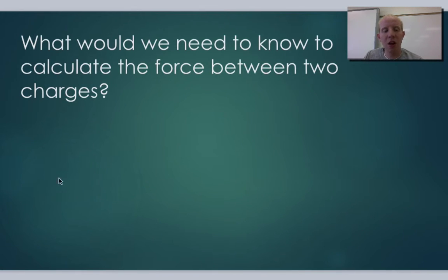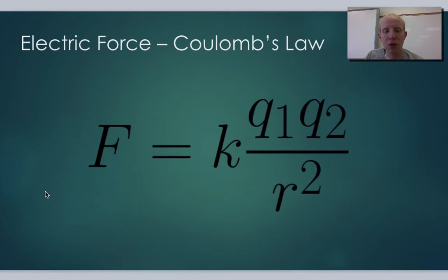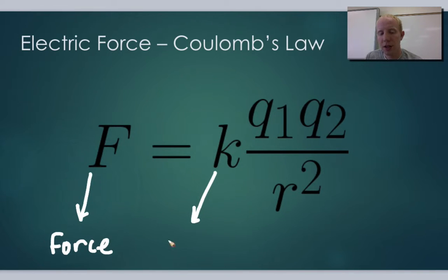When we consider all that, we get what is known as Coulomb's law, named after the guy that basically discovered this, and it looks very similar to the gravitational equation if you notice. It says the electric force, F, is equal to K, which is just a constant called Coulomb's constant, and we'll look at that in a second.